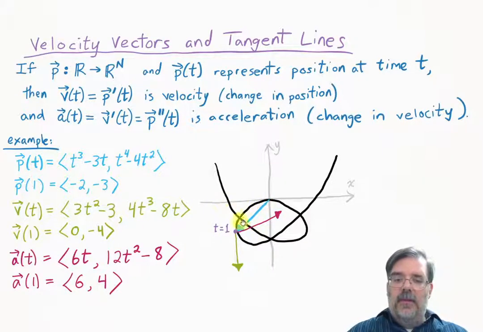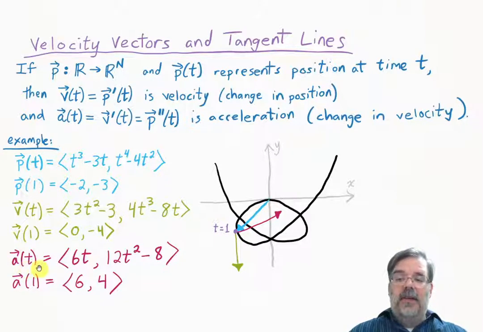And so as you're coming along the curve in this direction, as you come towards this point, at that particular time, t equals 1, if we plug 1 into the velocity function, we get 0, negative 4. Meaning at this particular point, there's no change in the x direction, but the y direction is changing at a rate of negative 4 units per second. And so it's going down.